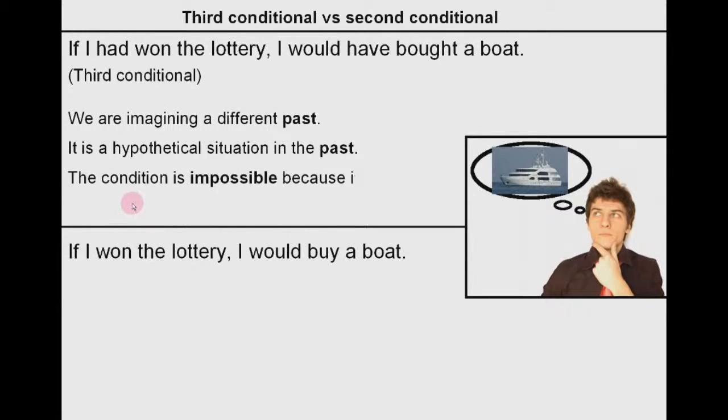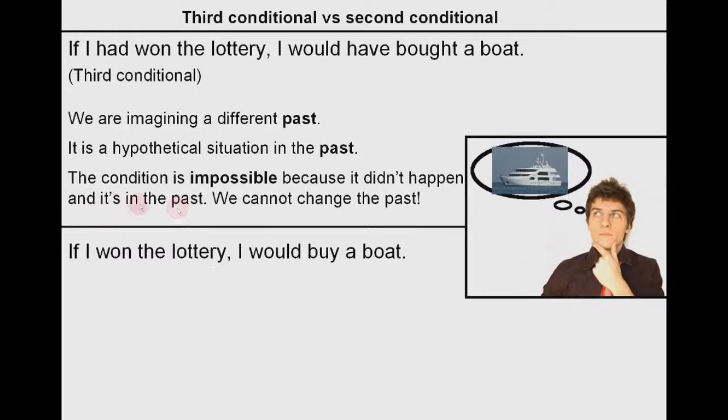And of course, the condition is impossible because it didn't happen and it's in the past. We cannot change the past. So this is now impossible. We are saying what we would have bought if we had won the lottery. It's in the past.